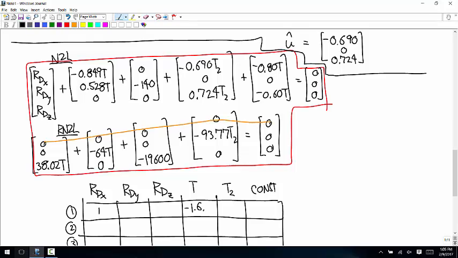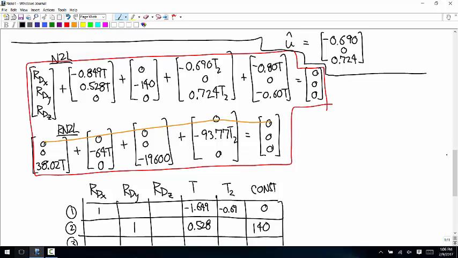And then T2s, we have negative 0.69. And nothing else. The second equation, RDYs, we have 1. T's, we have 0.528. And the constant is 140.